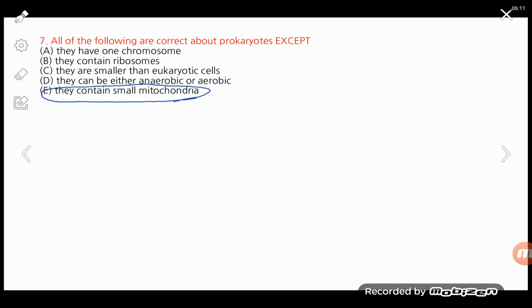They contain small mitochondria. This is not true. It's wrong. They do not contain mitochondria. You know that the function of mitochondria in eukaryotes is cellular respiration, and it's a double membrane organelle. It's a membrane-bound organelle. We don't have such membrane-bound organelles in prokaryotes.